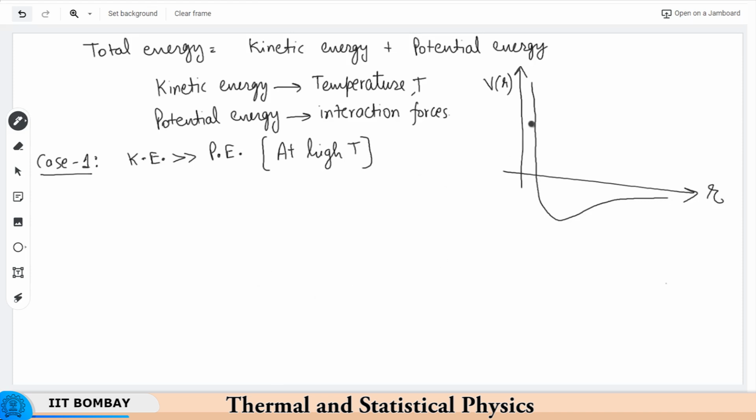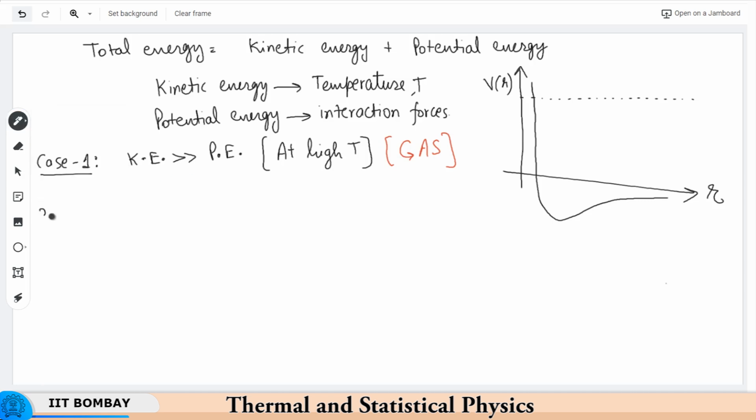In that case, since your kinetic energy is much greater than potential energy, your total energy lies somewhere here, and therefore the molecules in the matter are moving so fast and the forces due to interaction potential are so tiny that these molecules do not care about it, and they continue to move in all directions. Such a phase of matter would be a gas.